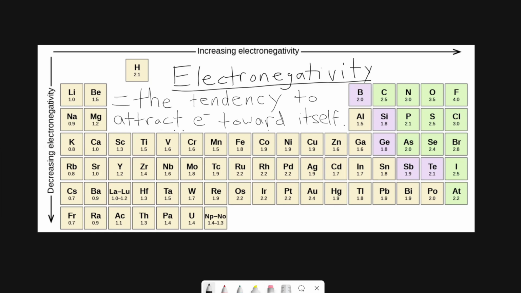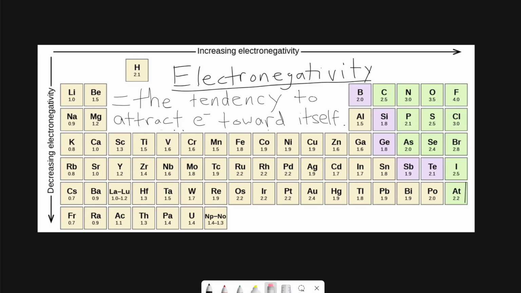Francium is unable to have a strong pull on its outermost electrons because it has 7 different energy levels of electron shells, and the ones that are furthest away are so far away from the nucleus and have so much repulsion from the other electrons in between the nucleus and the valence electrons. This means that it does not have a lot of electronegativity or pull on the electrons that it possesses.